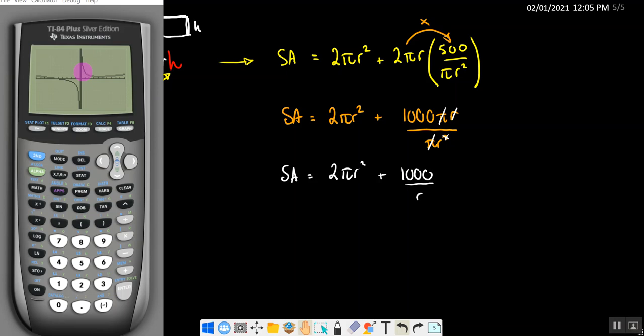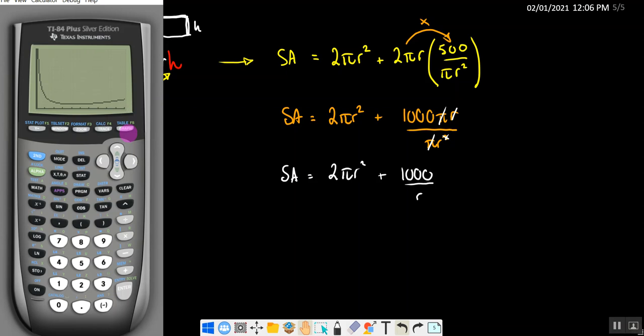So this graph, the zoom fit, nice, but it's like, oh, what do I do? Actually, when we go to window now, I don't need a negative x. That doesn't make any sense. But that is 0, okay? I definitely don't need a negative surface area. Let's put that at 0, okay?